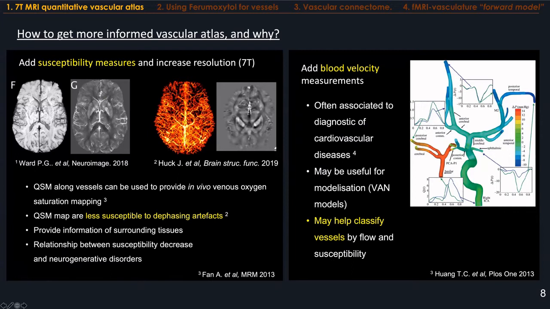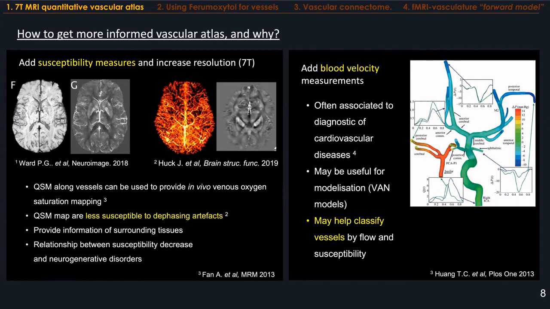QSM maps are also less susceptible to dephasing artifacts because we can get the direct susceptibility at each point of the vessel, and so we can correct for those dephasing effects. Using the QSM map directly, you get less dephasing artifact. It also provides information for surrounding tissues, of course, and that could be useful for trying to infer the artifacts coming from the vascular structures to the tissues where we measure fMRI.